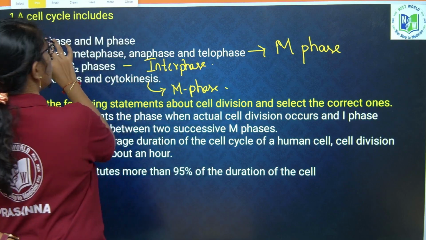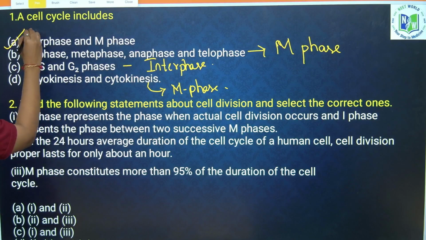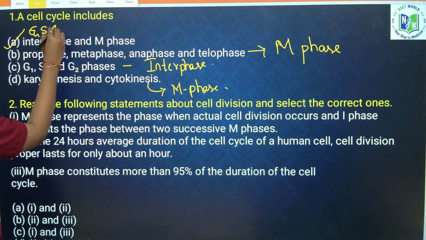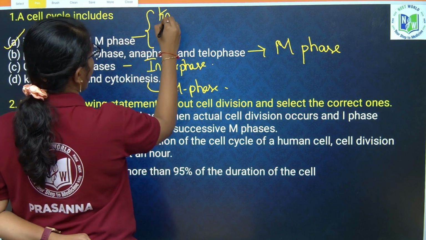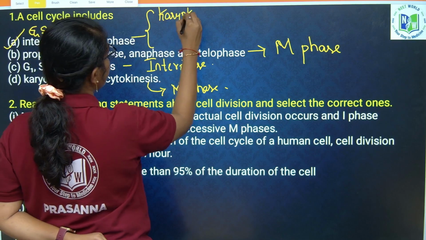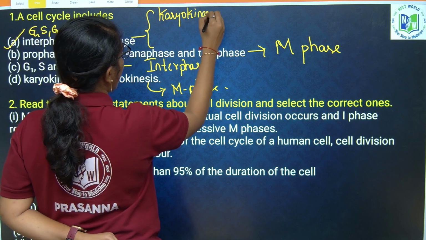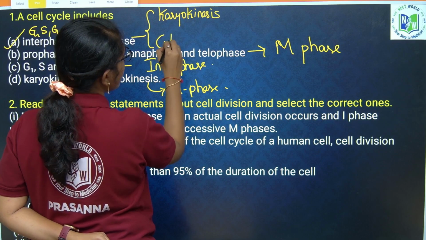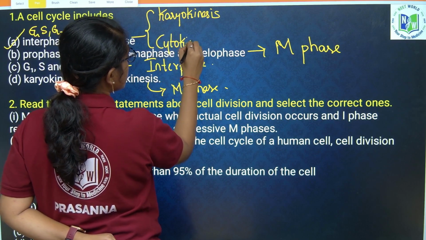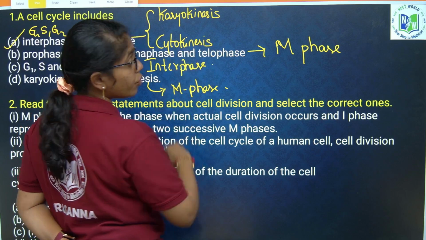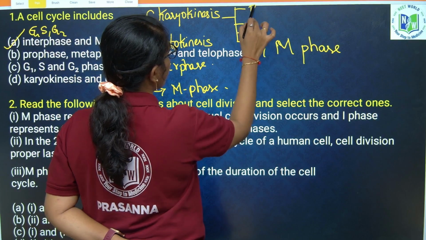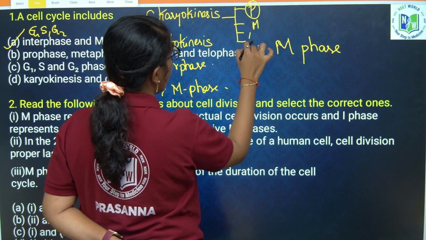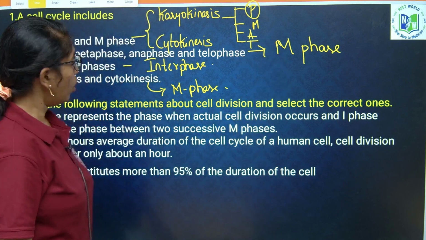So the cell cycle includes both interphase and M phase. Interphase includes G1, S, G2. M phase includes karyokinesis and cytokinesis. Karyokinesis is further divided into prophase, metaphase, anaphase and telophase.